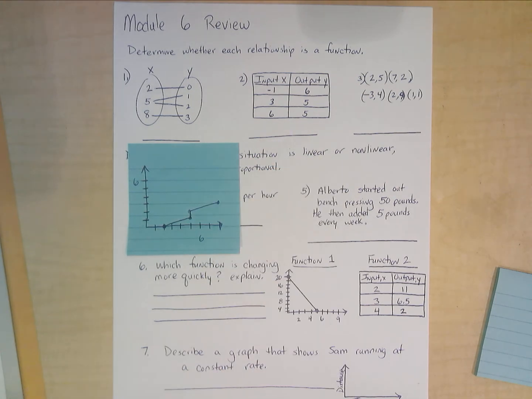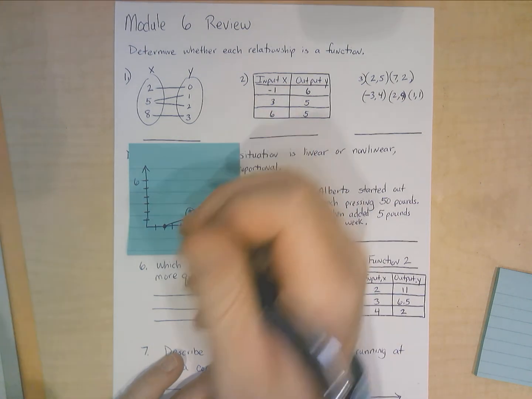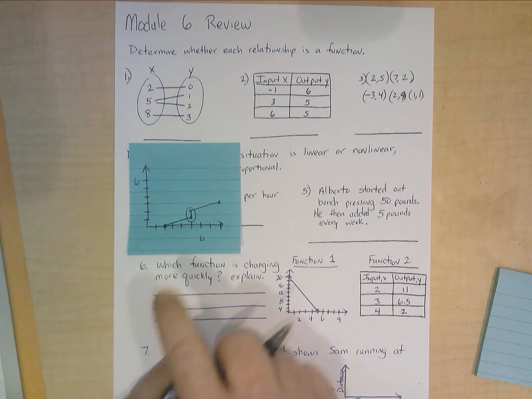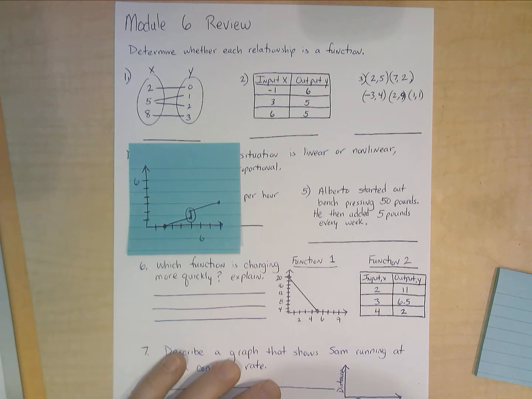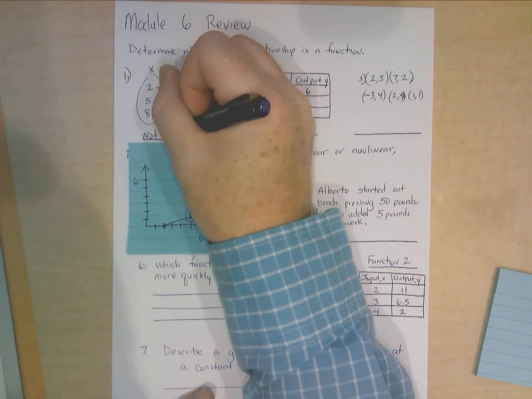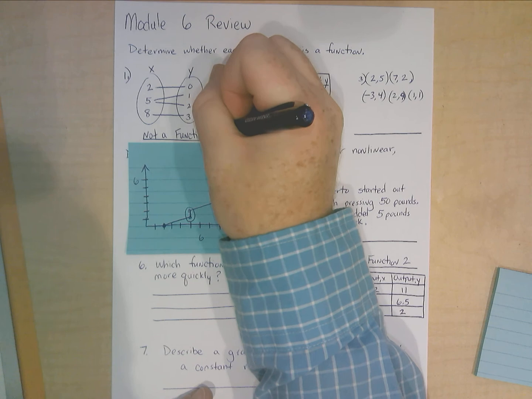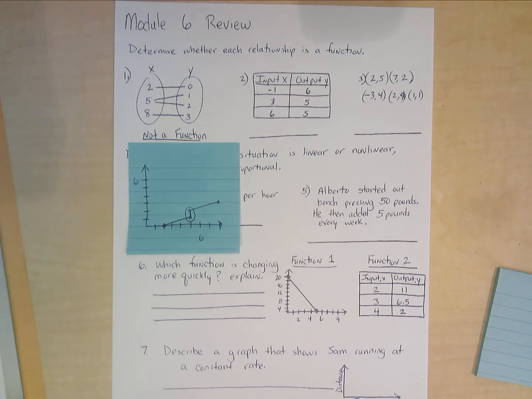Okay. And there's an issue with this graph. The issue is part of it goes up and down. So it cannot go up and down at all. If it goes up and down at any place at all in the function, it's no longer a function. So this is not a function. Okay, cannot be a function.